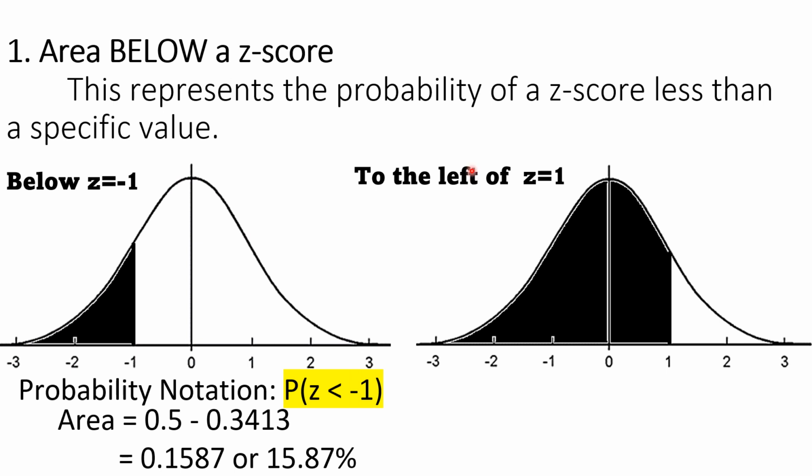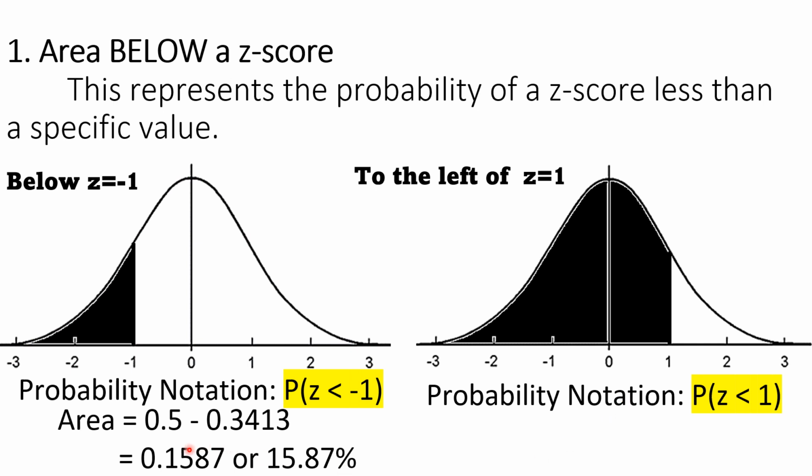Since it is to the left, we will shade the left part of the normal curve from z equals 1. So if this is z equals 1, then you will shade all parts to the left of positive 1. Can you guess the probability notation of this one? If your answer is P, open parenthesis, Z is less than 1, then you are correct.